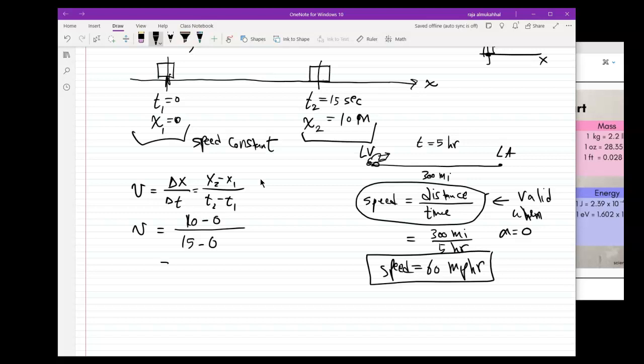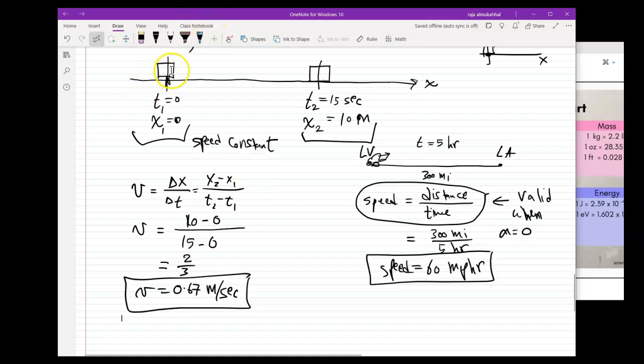And when I calculate that, I will get 10 over 15, which is 2/3, and that would be 0.67 meters per second. There we go. This is the speed of the object going from this location x1 to this location x2 within a time span of 15 seconds. You got that? So the speed is 0.67.